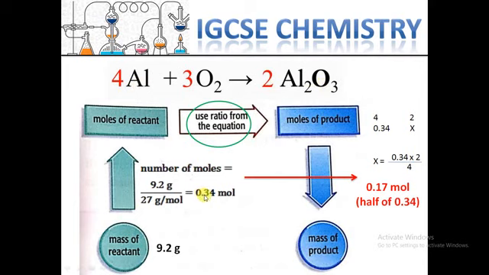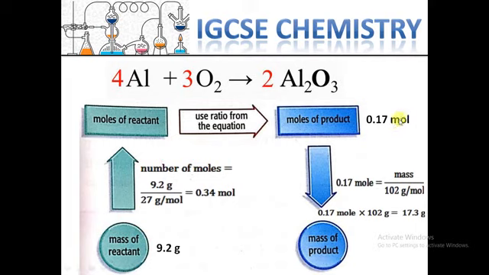If we have 0.34 moles of aluminum, we can get 0.17 mole aluminum oxide. This is a parallel relationship between these two. Now we are going to get from the number of moles of products to the mass of products.